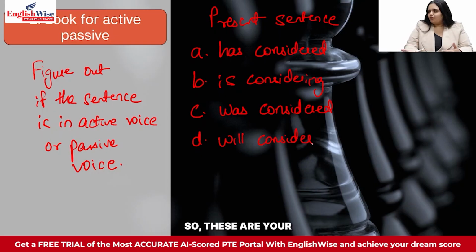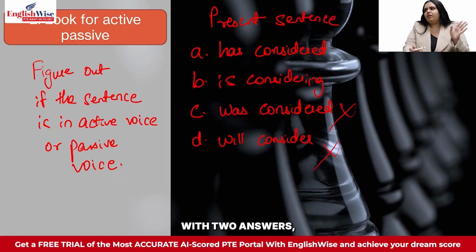Now over here, applying our step 1, we understand that if the sentence is in present tense, I can't put was considered or will consider as my answer. But you see, you are still stuck with 2 answers, that is option A has considered and option B is considering.